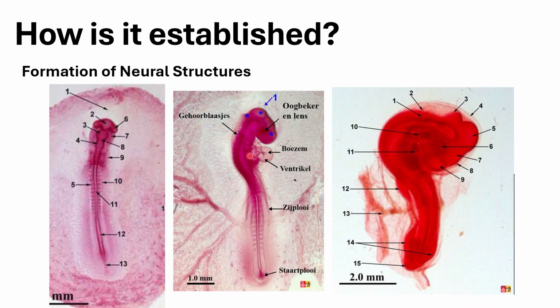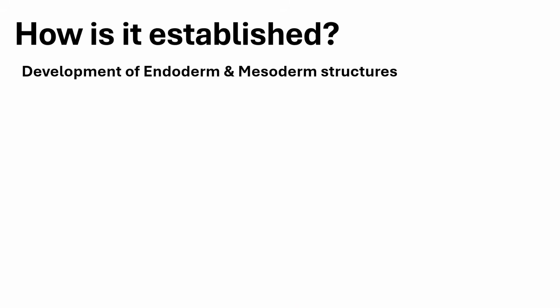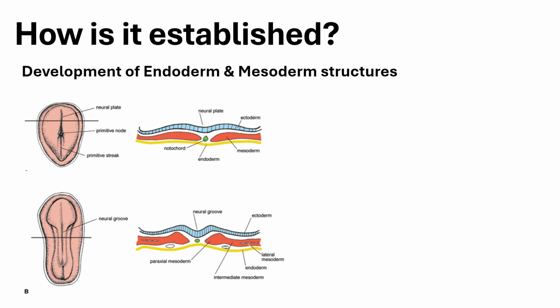Okay, and as the animal becomes more established, so you would see that some areas will become more and more intricate. Okay, for the endoderm and mesodermal structures, it is best appreciated viewing the cross sections or sagittal sections of the embryo.